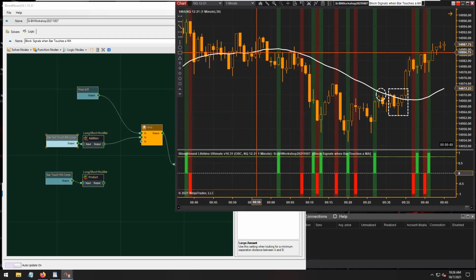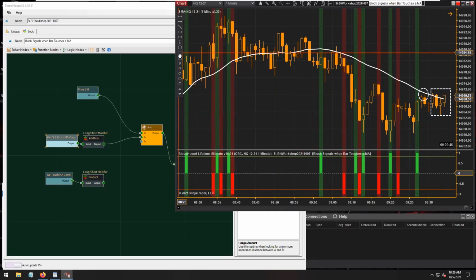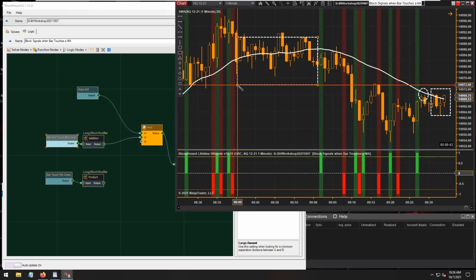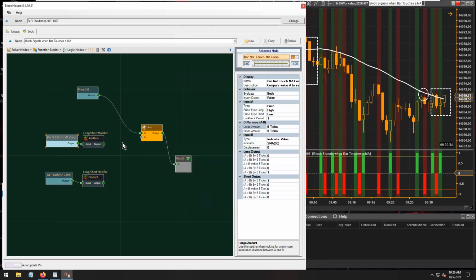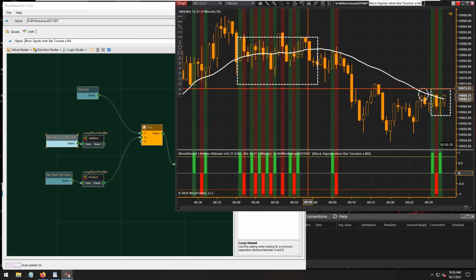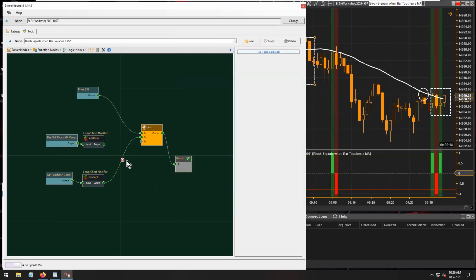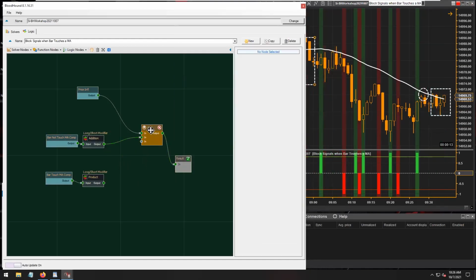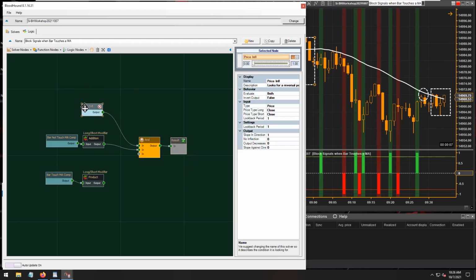But if the bar is touching the moving average or within 5 ticks, then the signals will be blocked, right? So, or we could look at the opposite situation there. There we go. So, right? So now signals are only allowed when the bar touches the moving average. There. All right, so there we have it.